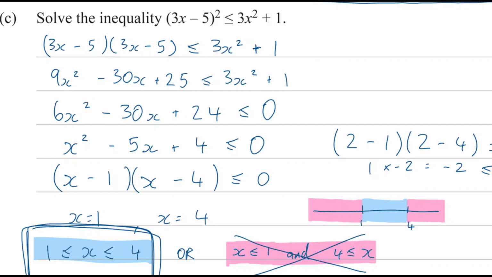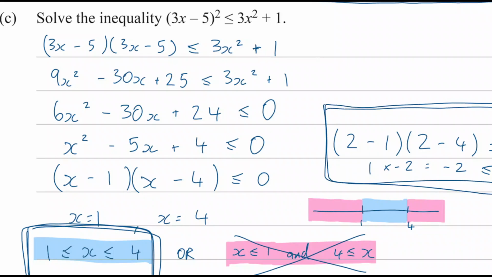It can't be both, it has to be one. We picked a number between just to try it out, and it happened to work. This is the rough working over here. And since it worked, we know that x must be between 1 and 4 inclusive.